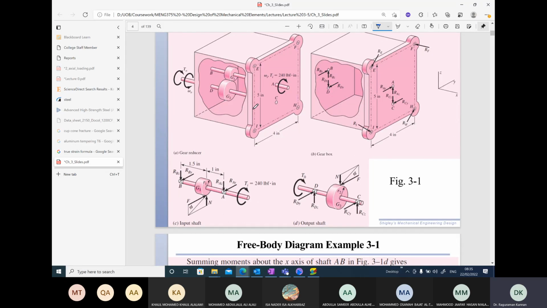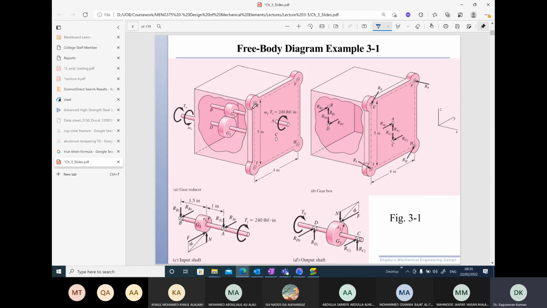So this is a 3D case where you have a simple gearbox. The gearbox consists of two gears mounted on two different shafts, and one shaft is an input shaft, another shaft is the output shaft. The gearbox is mounted on maybe some kind of rigid support, using bolts here.